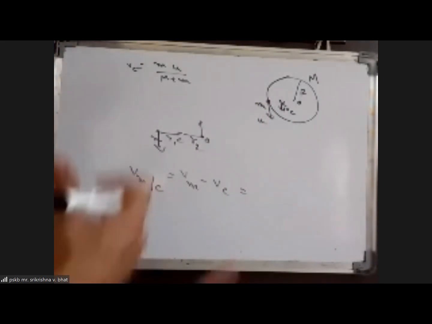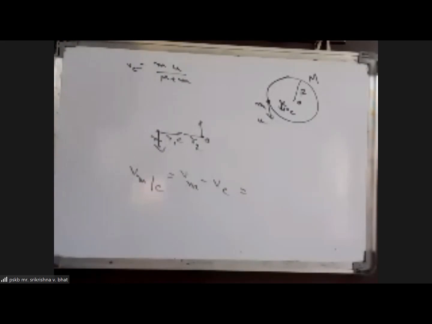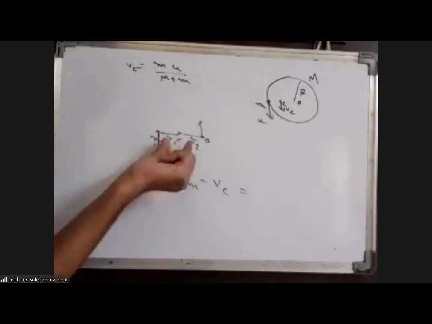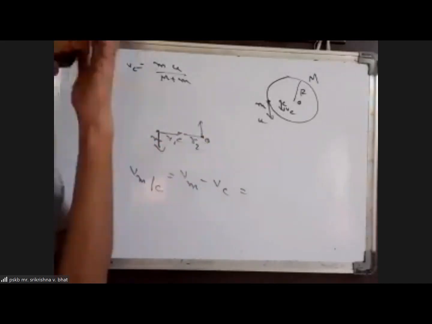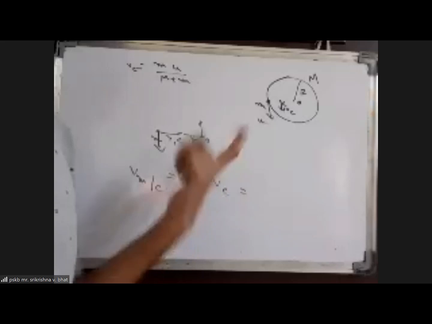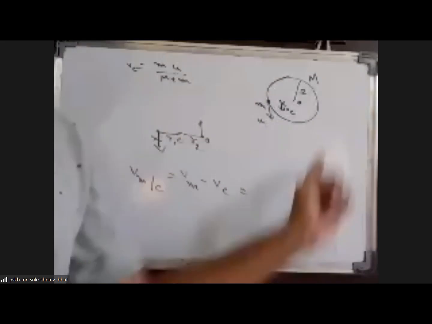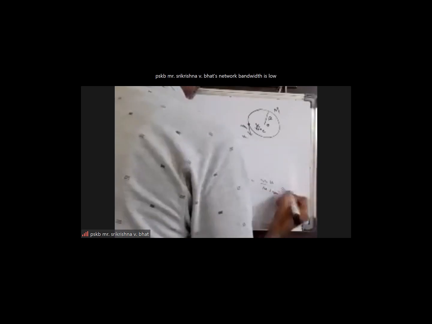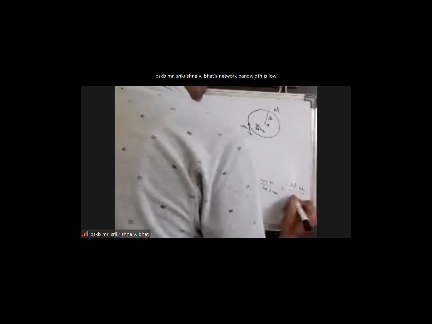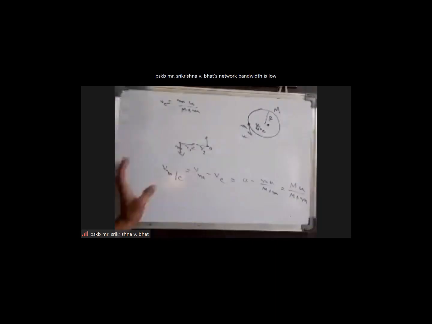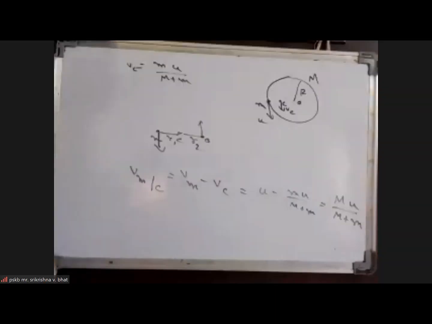It will continue to move with the same speed because it moves with the same radius, and as there are no tangential forces acting, it will continue to move at the same speed with respect to the center of mass. That speed we can calculate: the velocity of the bead with respect to the center of mass will be u minus mu by M, which is equal to capital M into u.